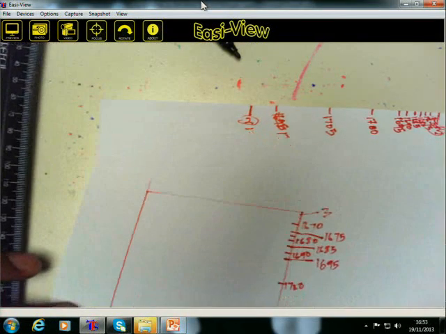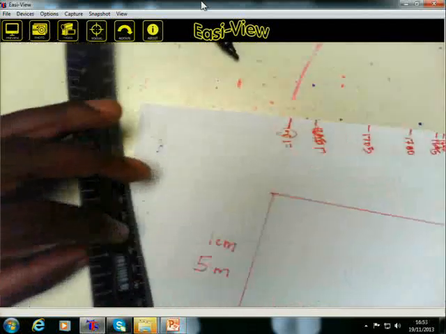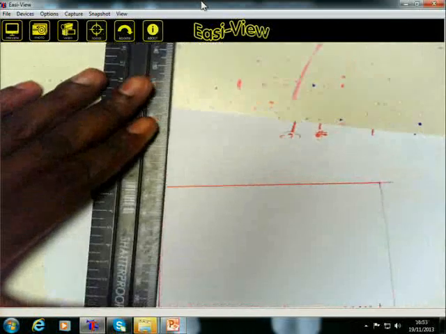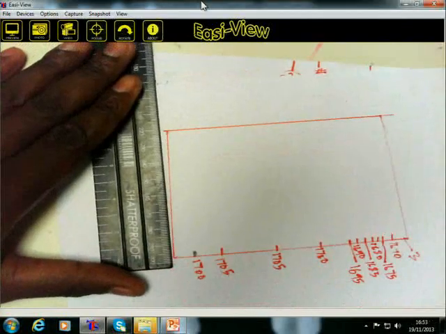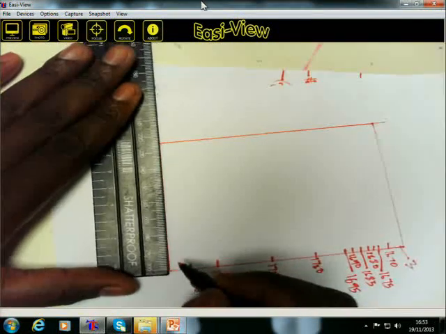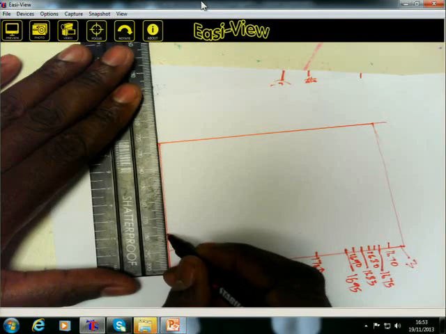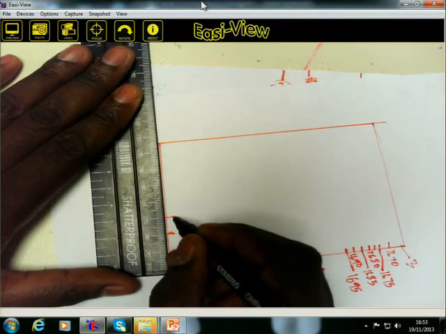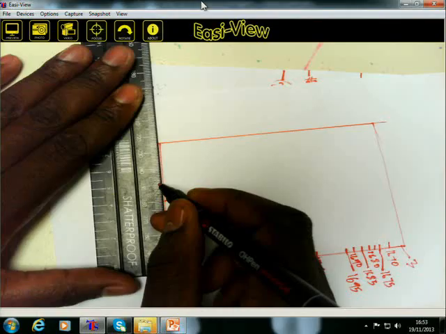I'll put on my ruler and then measure them. For every centimeter, it must now be 5 meters.